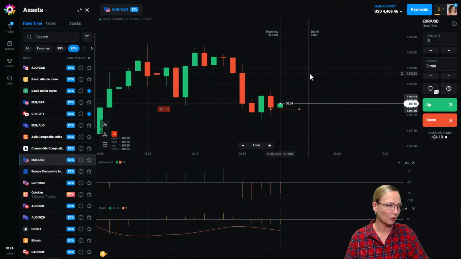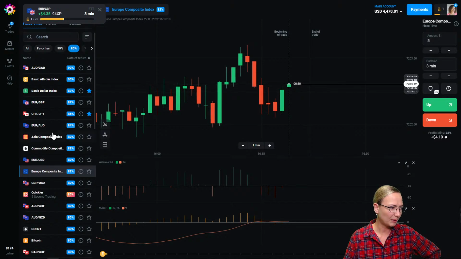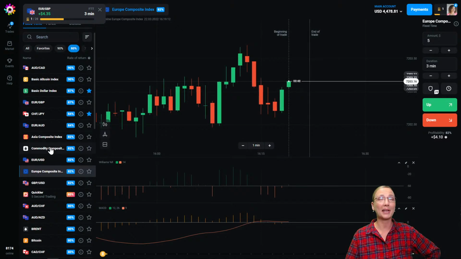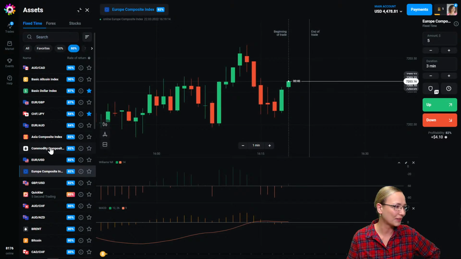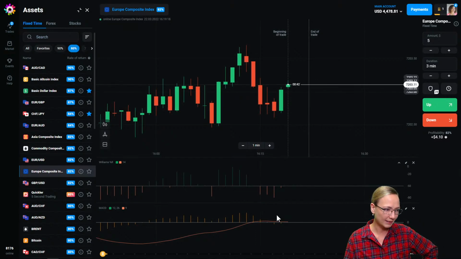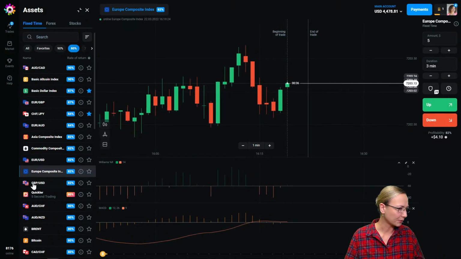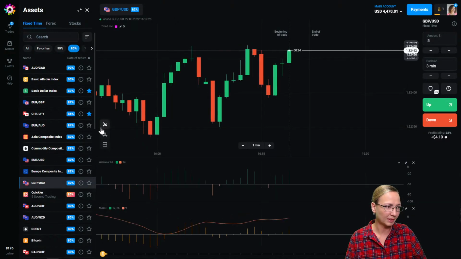Both histograms are below. All right, let me try to find something better. Euro GBP. That was actually the one that I think I lowered the, or was it not? But that one was correct. Okay, I don't like this, that we crossed the midline to the upside. The bars are quite small. Let's see if we can find something better.